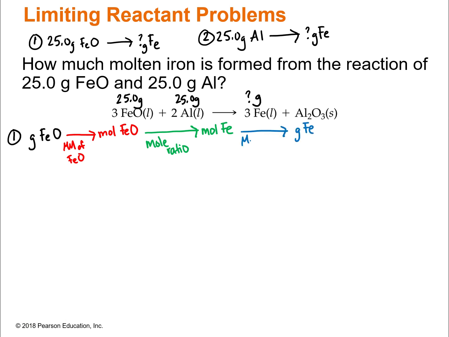We get to grams of iron using the molar mass of iron. The molar mass of iron 2 oxide is 71.845 grams per mole.